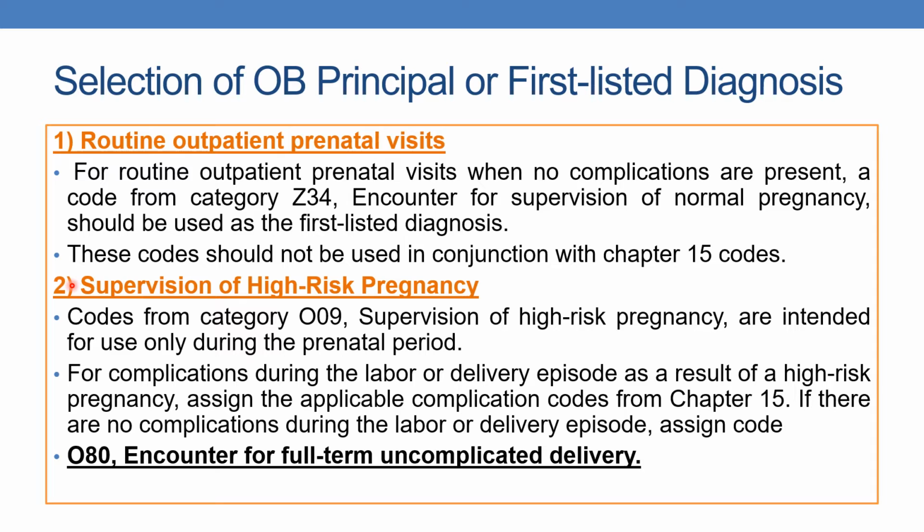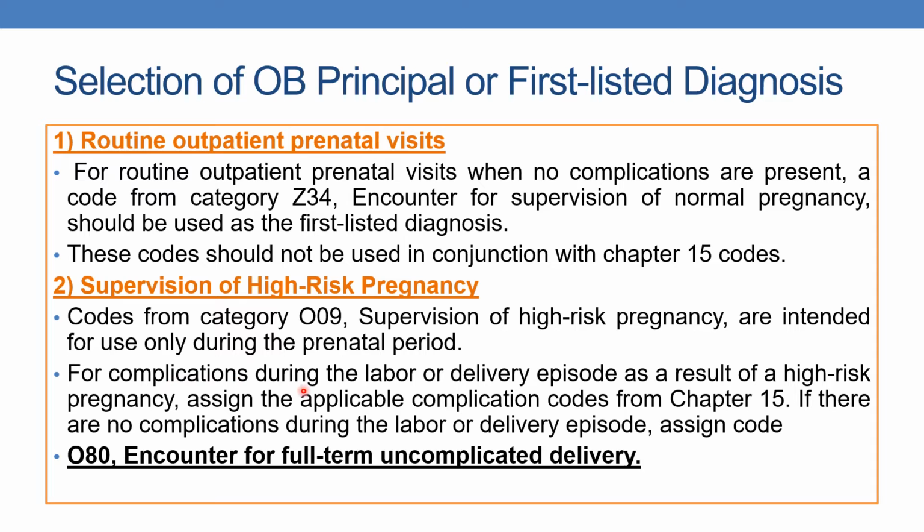Next, supervision of high-risk pregnancy. The codes from the category O09. Normal pregnancy is given by Z34, whereas supervision of high-risk pregnancy is given by the code category O09. These are intended for use only during the prenatal period.